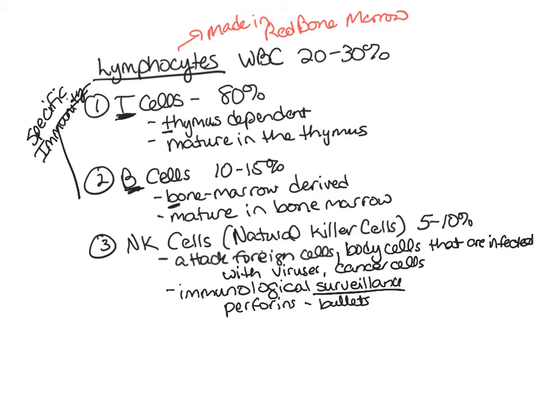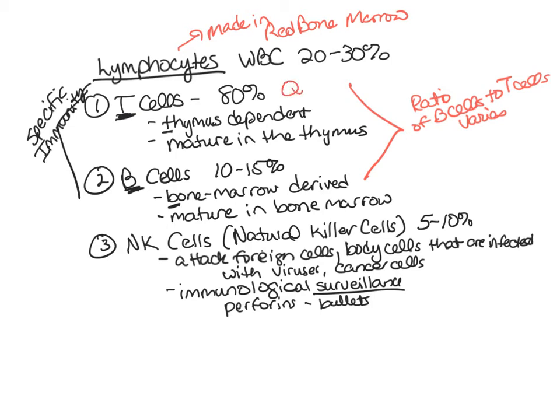But the ratio of the B cells to the T cells varies with the tissue or the organ. They're not going to be the same ratio in every single tissue. We'll talk about the differences between the T cells and B cells, at least a couple of differences, before we end this chapter.